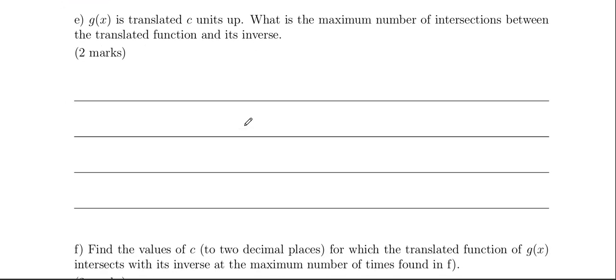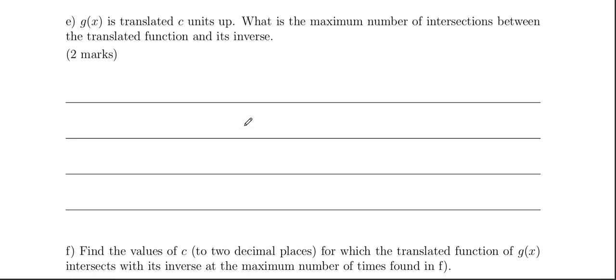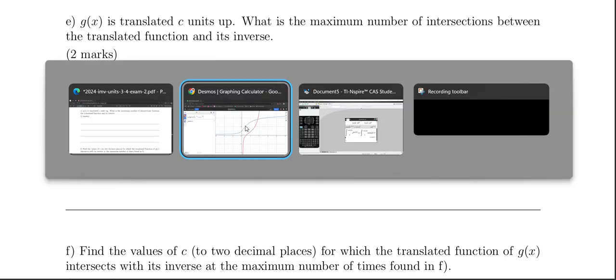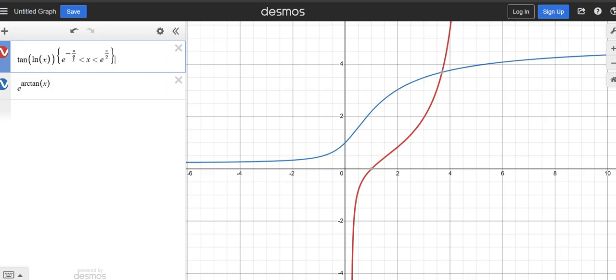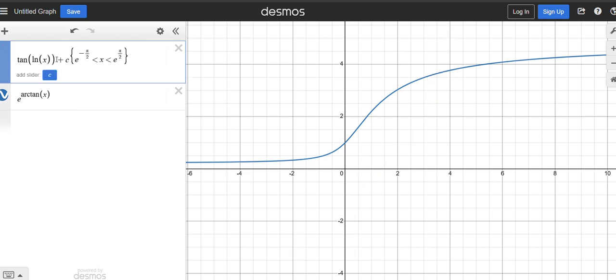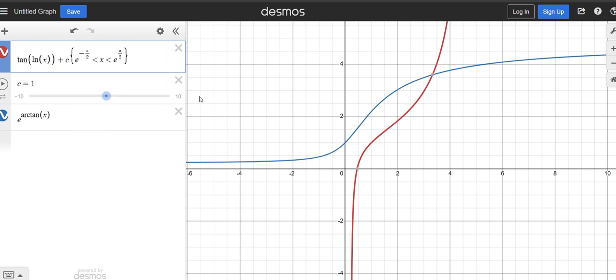All right, g of x is translated c units up. What is the maximum amount of intersections between the translated function and its inverse? What's g of x? Oh, this, okay. So what we can do here, c units up, that just means add a slider for c.